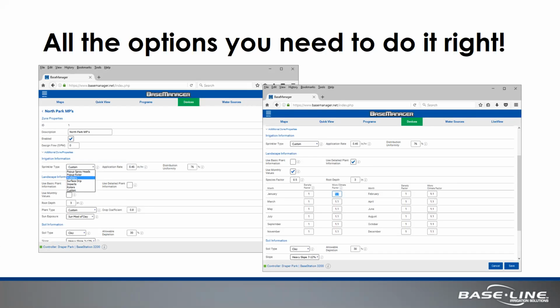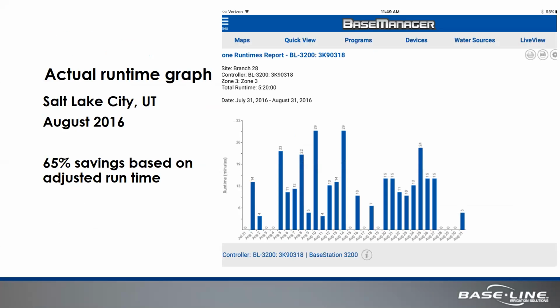And as a result, you get variable run times that will be executed on the controller depending on those different environmental factors that were happening within any given time frame.